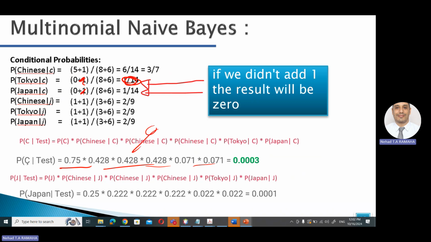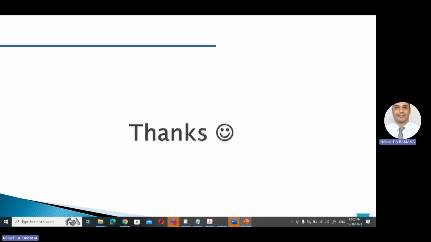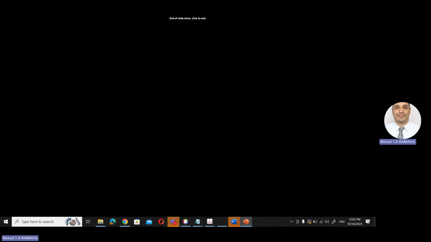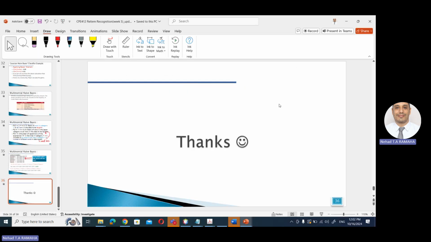When you multiply here 0, 0, 0, 0, 3, it gives 0. Okay, and this one will be 0, then you don't have a classification. That's why we add 1 to the data. I will give you the rule later. We use it with some classifications, not always, okay?